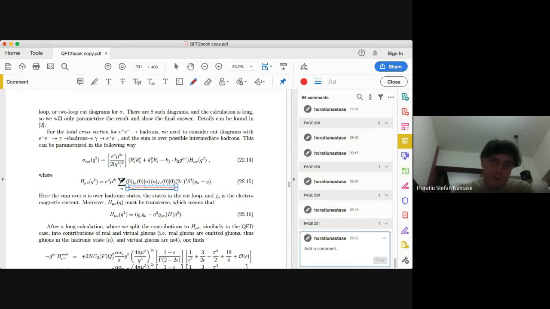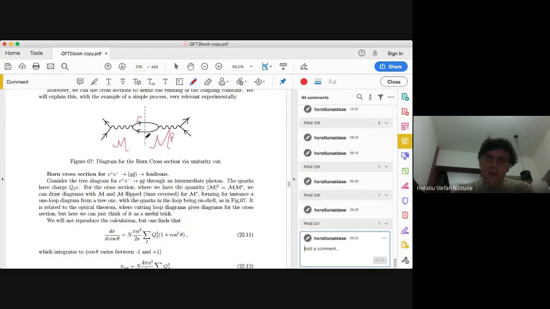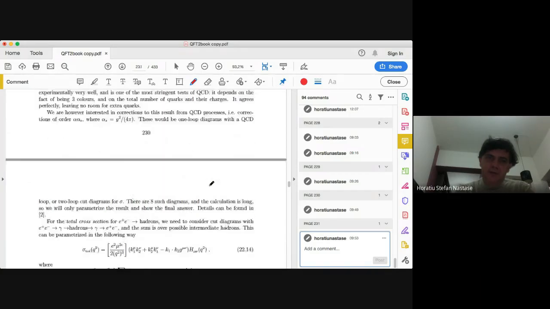And of course there's a sum over all of these states N of hadrons. That was the point, that we have intermediate states here, but we sum over all the possible intermediate states in the cut in order to obtain the total cross section.